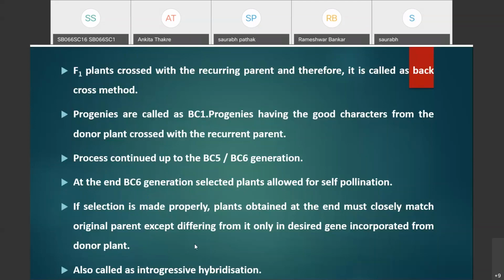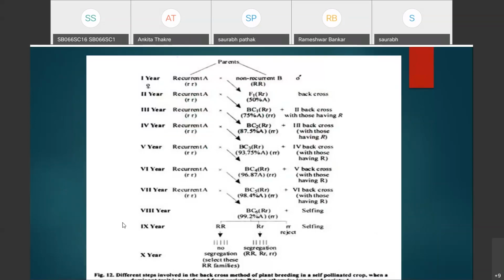This is the technique which is used in the backcross method. With the help of the photograph, you can easily understand how the backcross method is used for improvement in a self-pollinated crop. In the first year, there are two parents: the recurrent parent, referred to as A, the commercial or good variety.